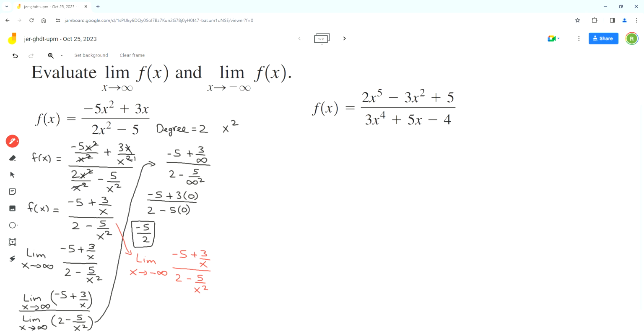Now we can distribute the limit to the numerator and the denominator. So we get the limit as x approaches negative infinity of negative 5 plus 3 over x, over the limit as x approaches negative infinity of 2 minus 5 over x squared.